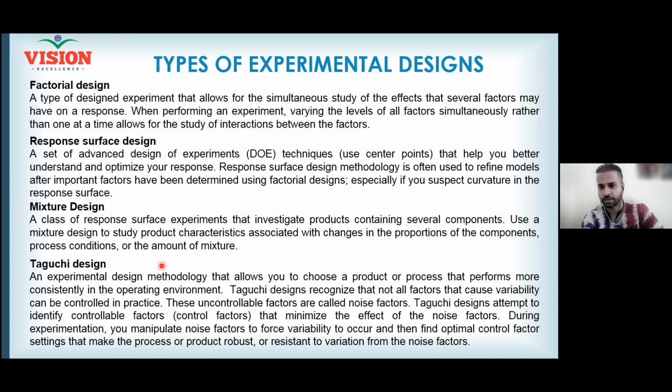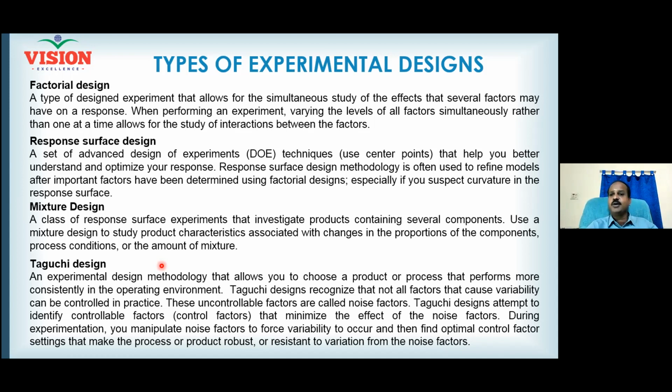Right? Sir, one question. Yes. What is the difference between factorial design and mixture design? Because in both conditions we are studying the quantity. No, in factorial design, we are concerned only about the levels of the factor. For example, if my factor has 2 levels, that means low and high.